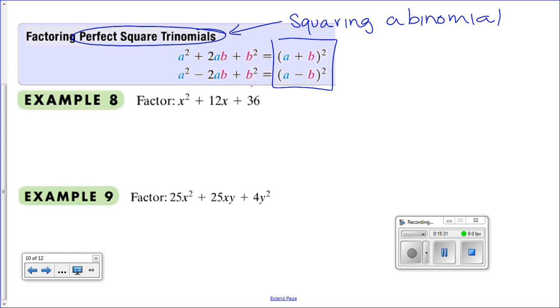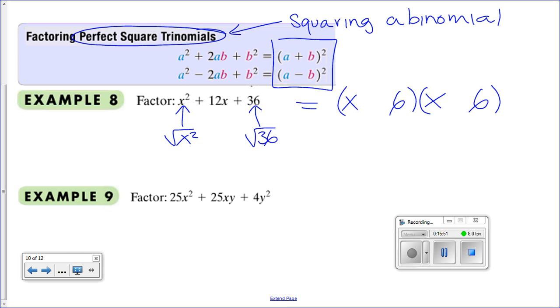If you recognize that your first term is a perfect square and your second term is also a perfect square, then you could take the square root of x squared, the square root of 36. And so it will look like this. X, 6, x, 6. And how are our signs going to be? Both positive, right? Now that is one way. Another way is to just say x plus 6 squared.